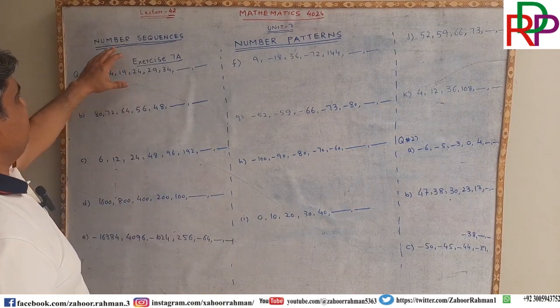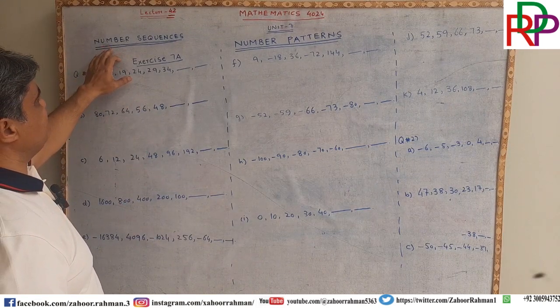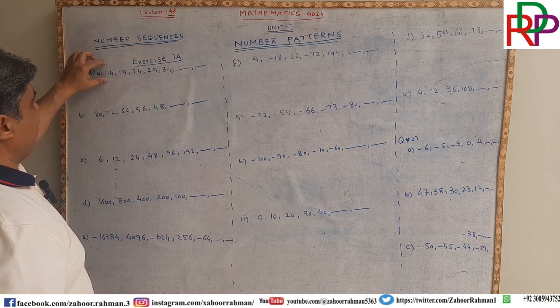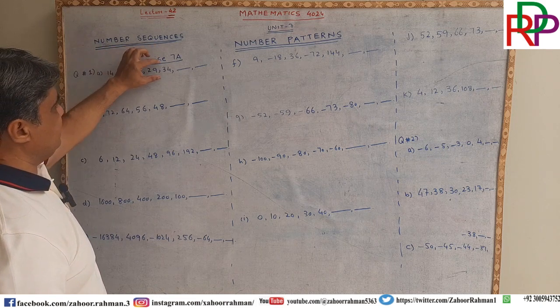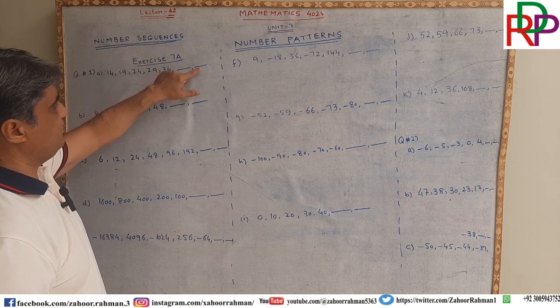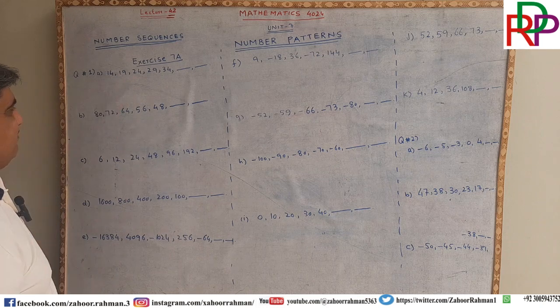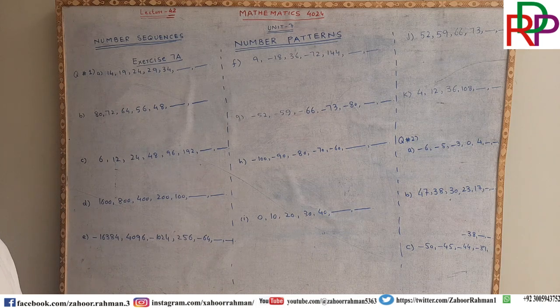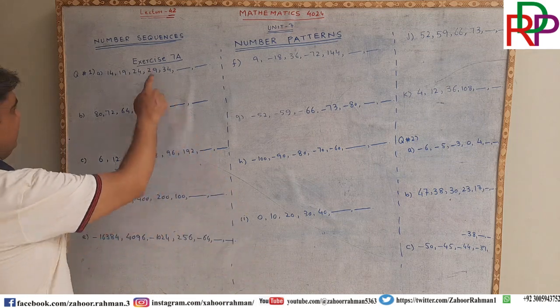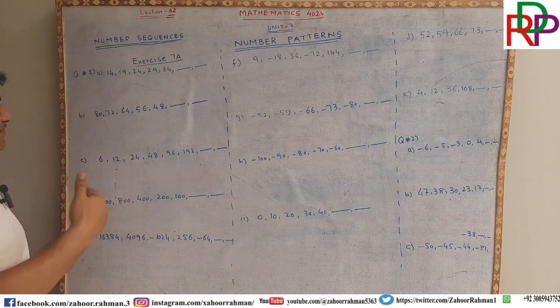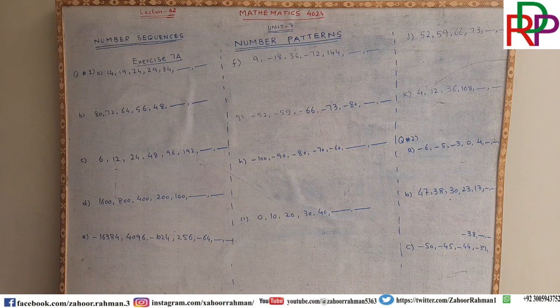The first part of this is number sequence. Having a look at the given sequence, you have to write the next two terms, keeping in mind the sequence of numbers. Ladies and gentlemen, in the first question of exercise 7a, they are asking you to write the rule as well.